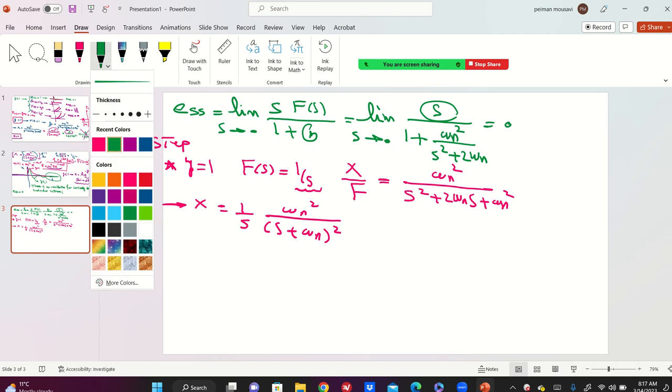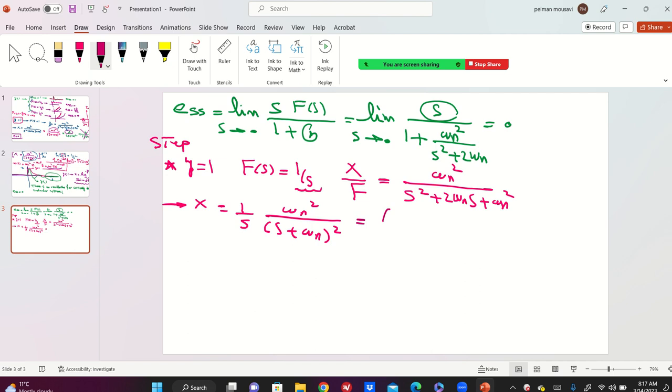Again, what you're going to do, you're going to write this as A over (s plus omega n) squared plus B over (s plus omega n) plus C over s, because we have two repeated poles, we have to write it like this. But unlike the previous case, B is not 0.